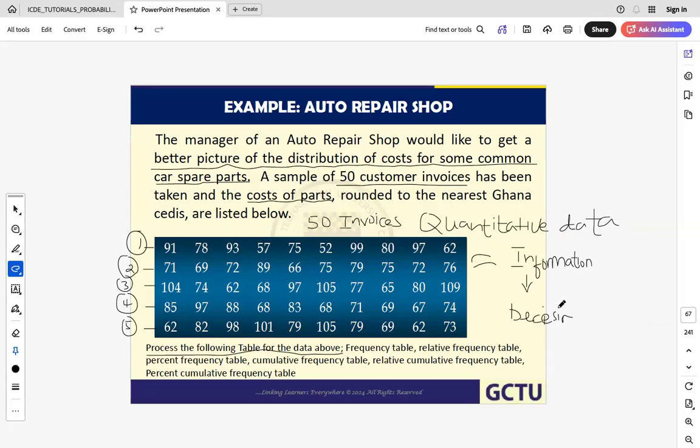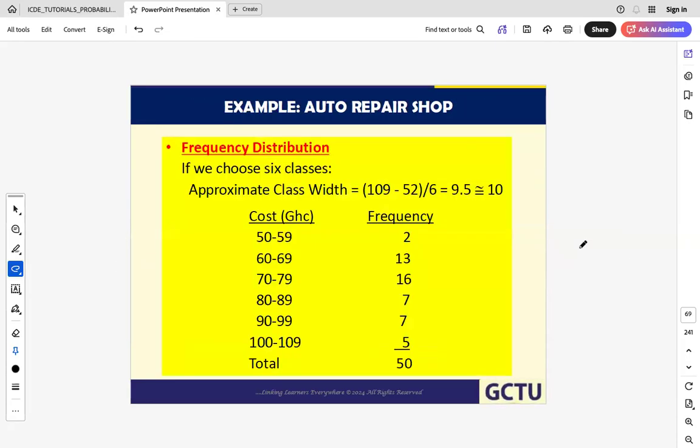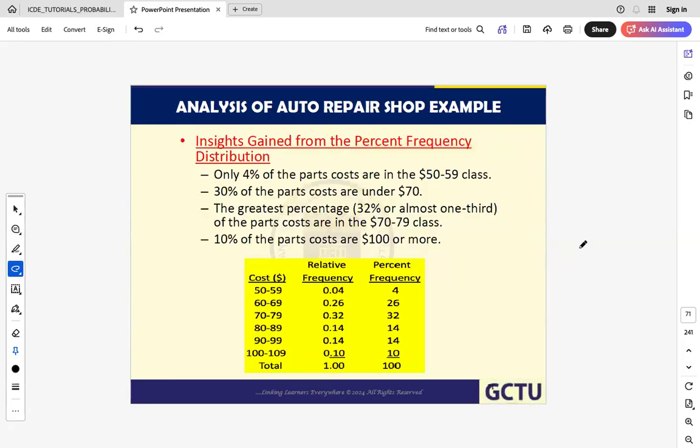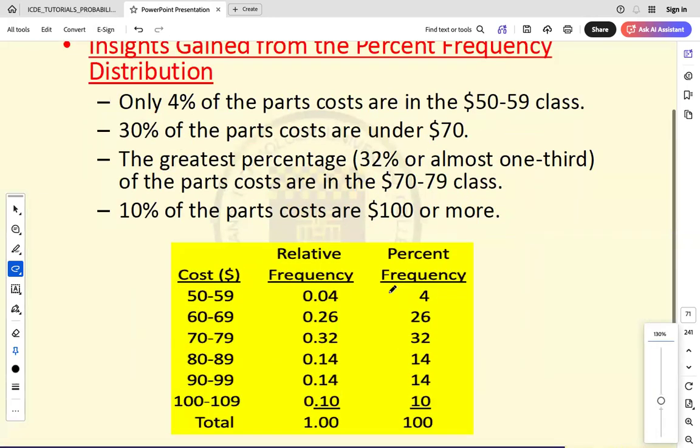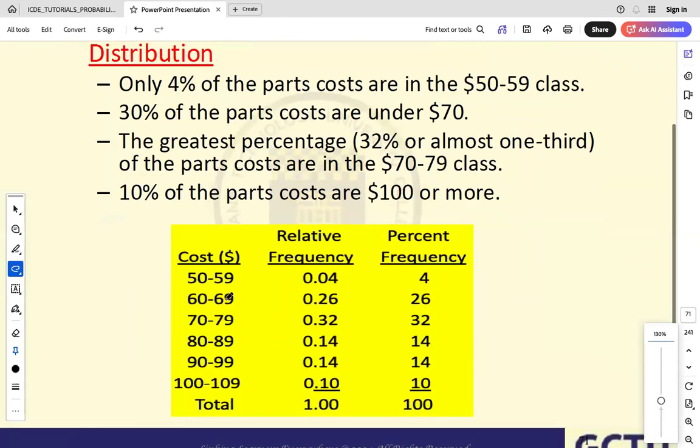Okay. So because we have 25 minutes and you know the processes we go through, I'm going to shorten things for us to be able to meet our closing time. So in the same way, we are going to do a table like we did. I've done some here. Let's continue. So this is our classes, the cost.